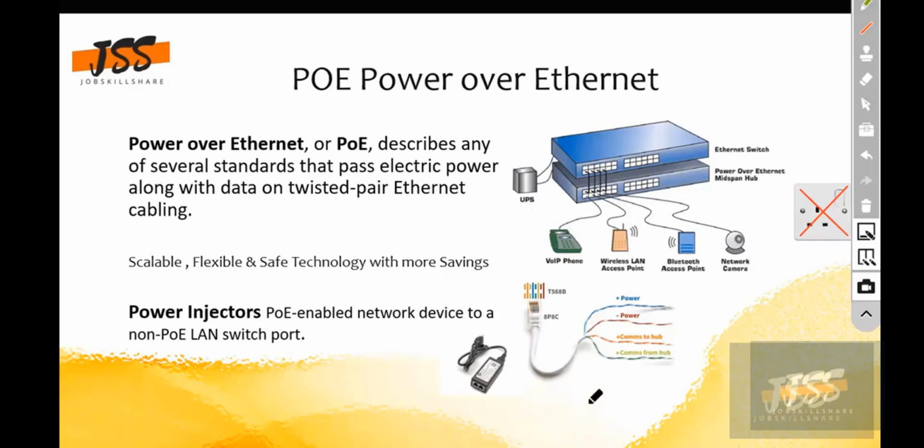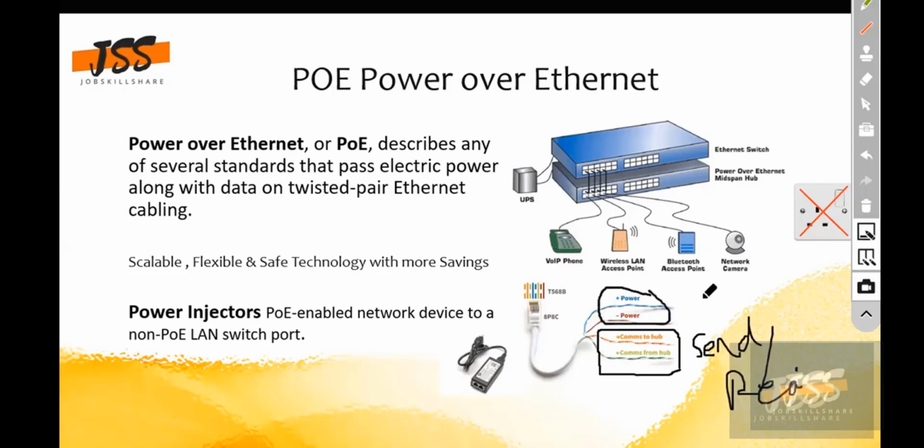So the engineers came up with the idea, because if you take a look at your Ethernet cable, we have 4 pairs, 1, 2, 3, and 4. 2 of these pairs are being used for sending or receiving the data.